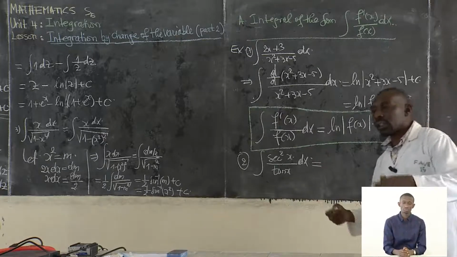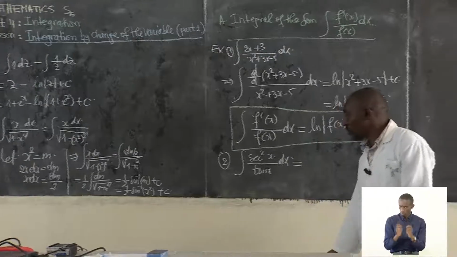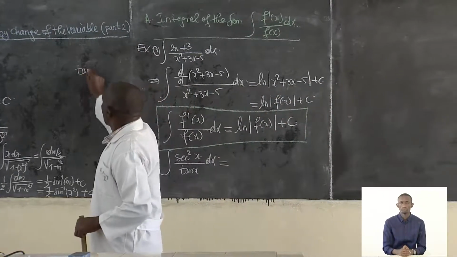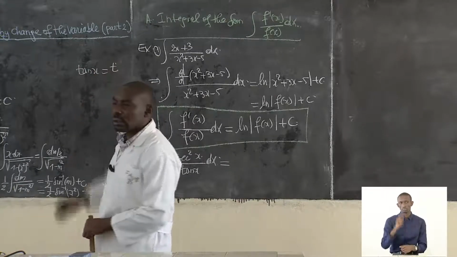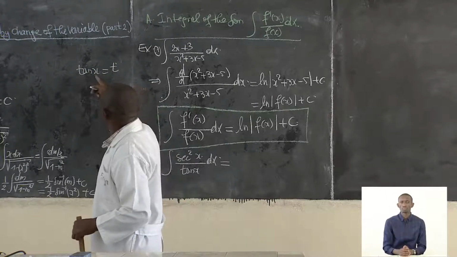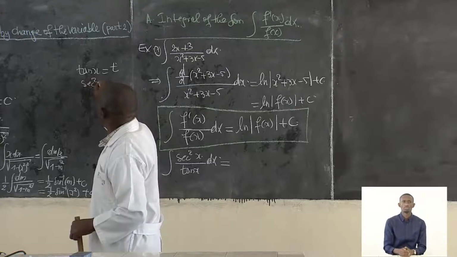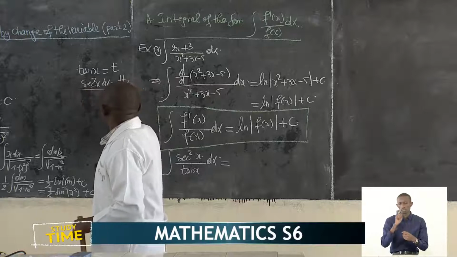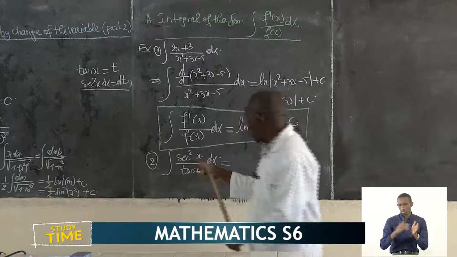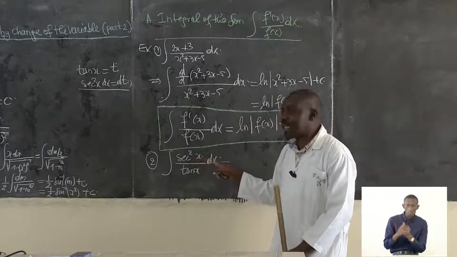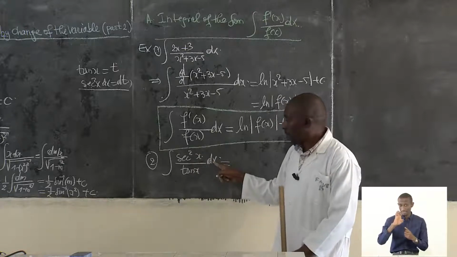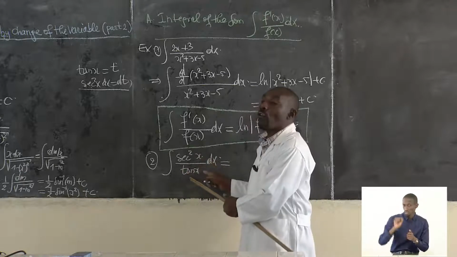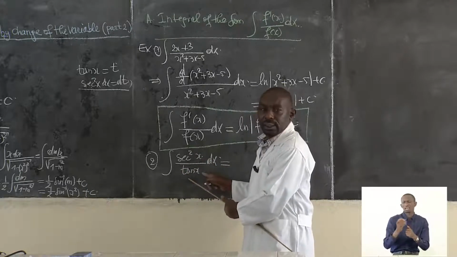If you change the variable, of course, you will have tan x equals t, for instance, and differentiating both sides, you will get sec squared x dx, which is equal to dt. Sec squared of x is the derivative of tangent of x, isn't it?